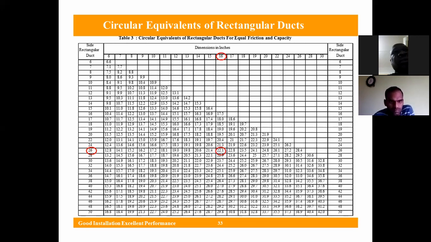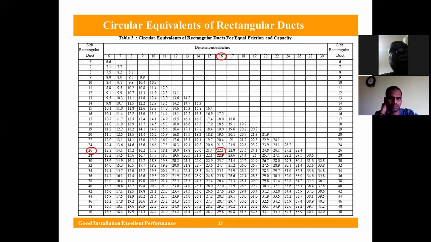So when you are choosing the rectangular duct, let's see, it is 36 into 7. That is the dimension of the rectangular duct for 16.08 or 16.1. So 36 into 7 means the aspect ratio is more than 1.4.